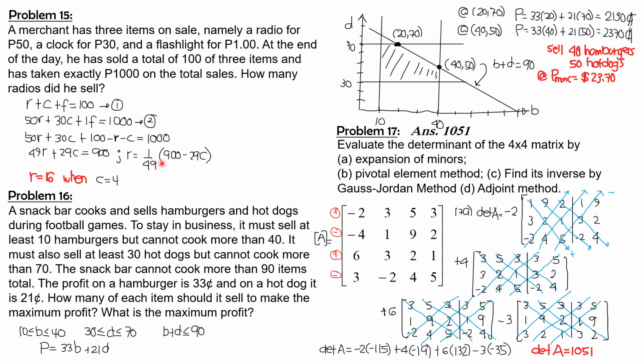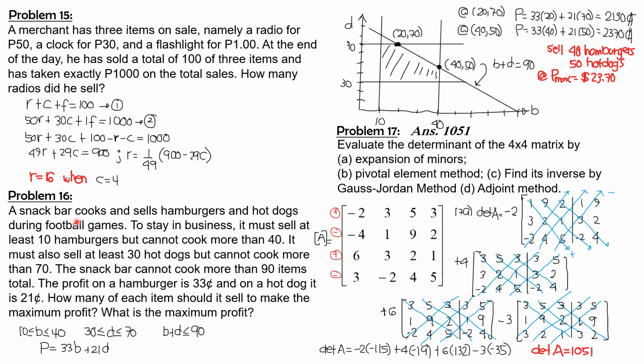Then press calculate. So let us say x, or c, is 1. If it is not a whole number, you continue until such a time that r becomes a whole number. And that happens when c is 4. R is 16 when c is 4. So the answer is r is 16.